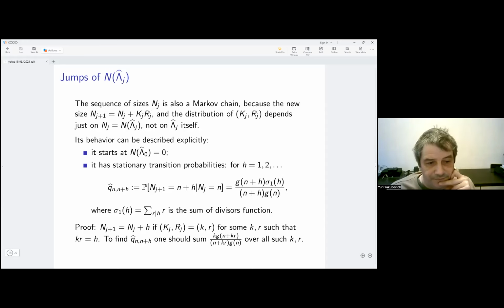So these are explicit probabilities for a jump from n to n plus h.